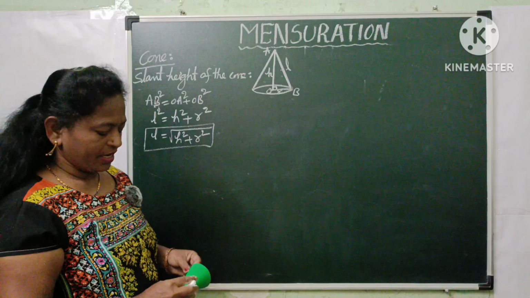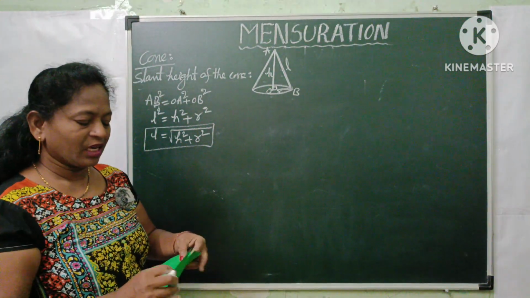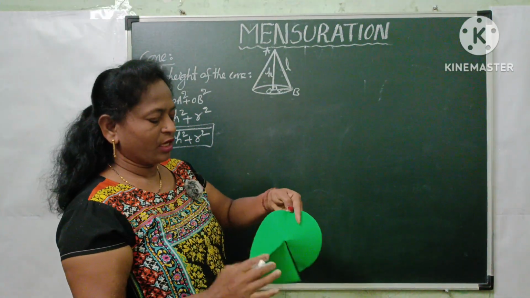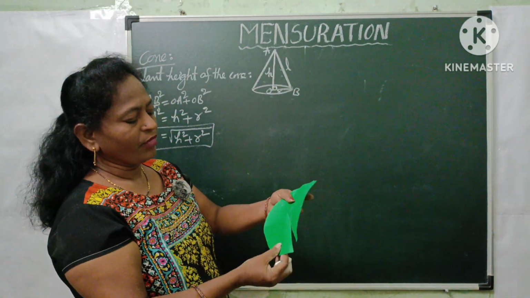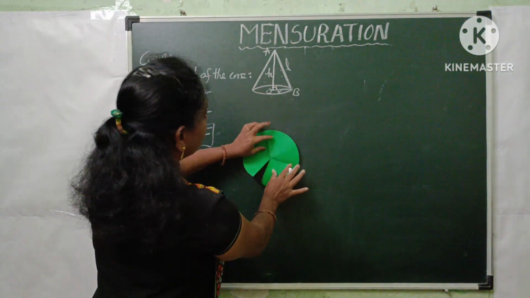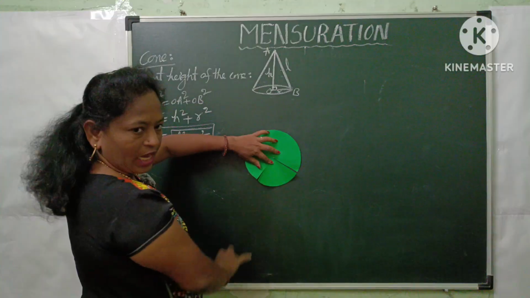Curved surface area. Suppose the cone is a sector of the circle. This is the circle. The cone is the sector of the circle.